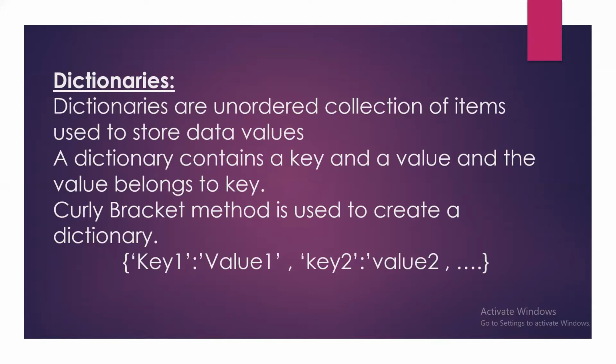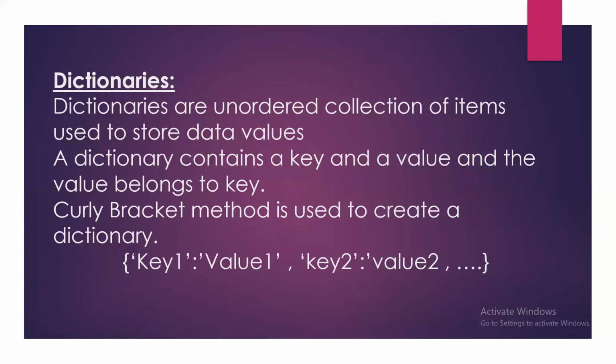So a dictionary consists of items, and each item contains a key and a value. Key defines the characteristics or nature of the item, and value is the value that belongs to that item or to that key.